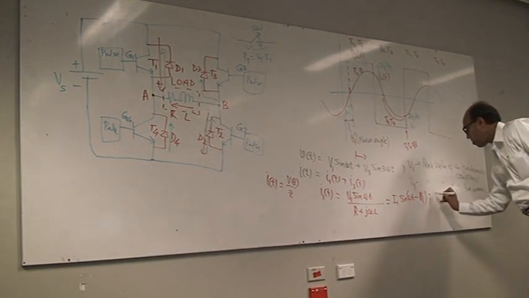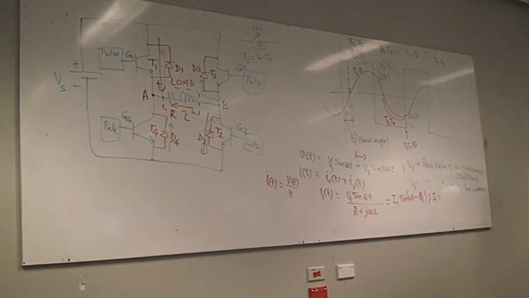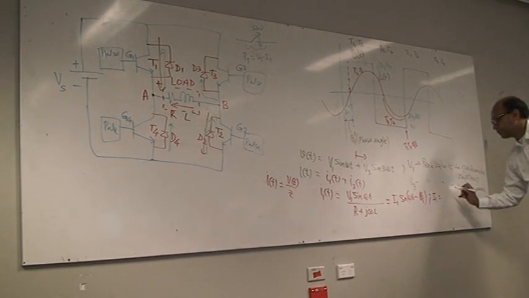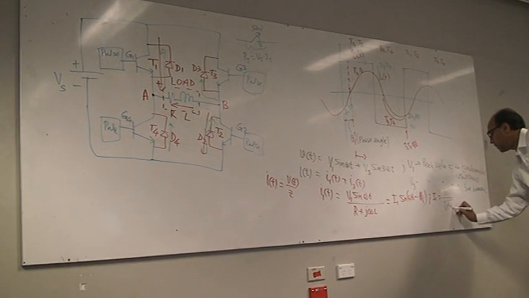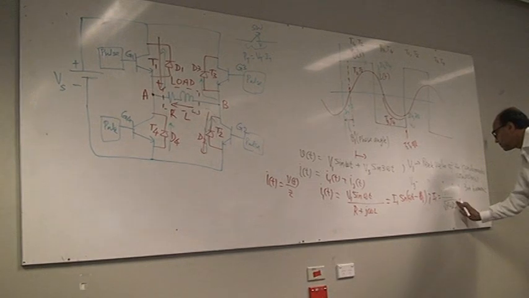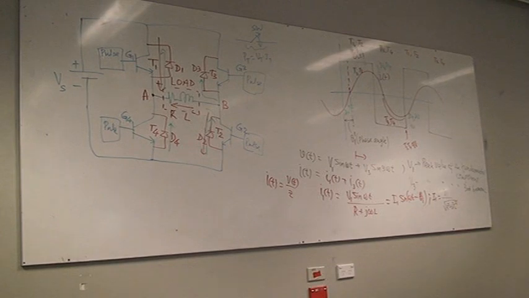So I1 is V1 by the square root of R square plus omega square L square, isn't it? Everybody agree with that? And what is your theta 1?